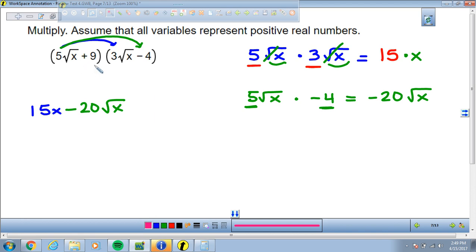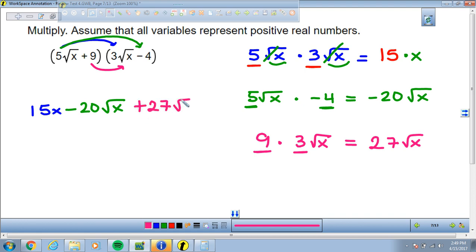Then next, 9 times 3 square root of x. So again, multiply 9 times 3, 27, and just bring over the square root of x. And you put a plus because your multiplication is positive. Then 9 times a negative 4. You're not subtracting, you're multiplying. So that's going to be negative 36.